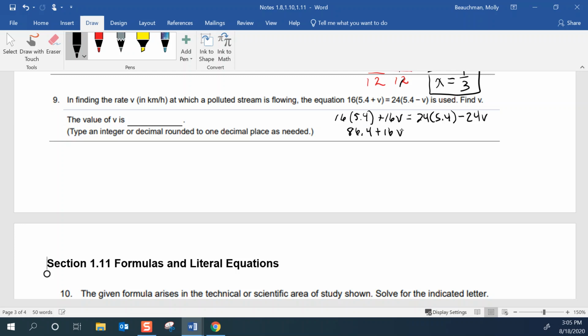plus 16v equals 24 times 5.4, 129.6 minus 24v. Okay, now we want to get our variables on one side. I'm going to go ahead and add 24v to both sides.